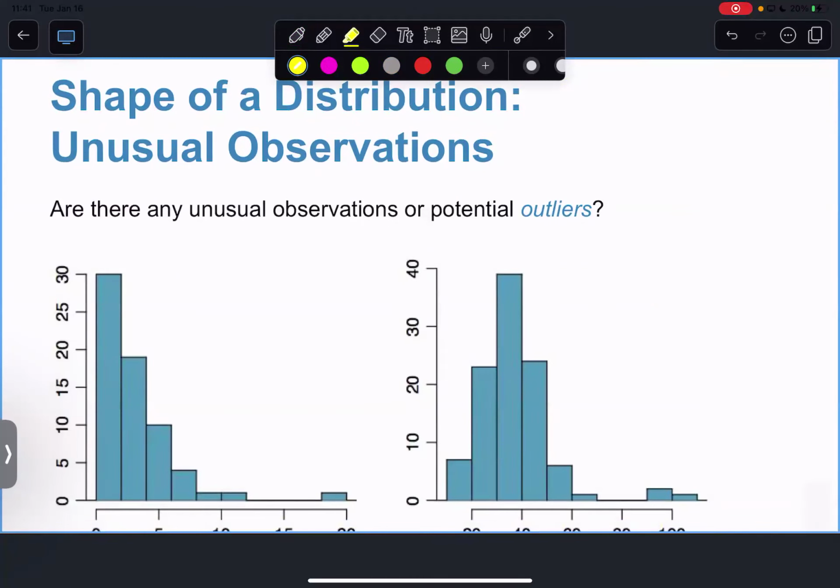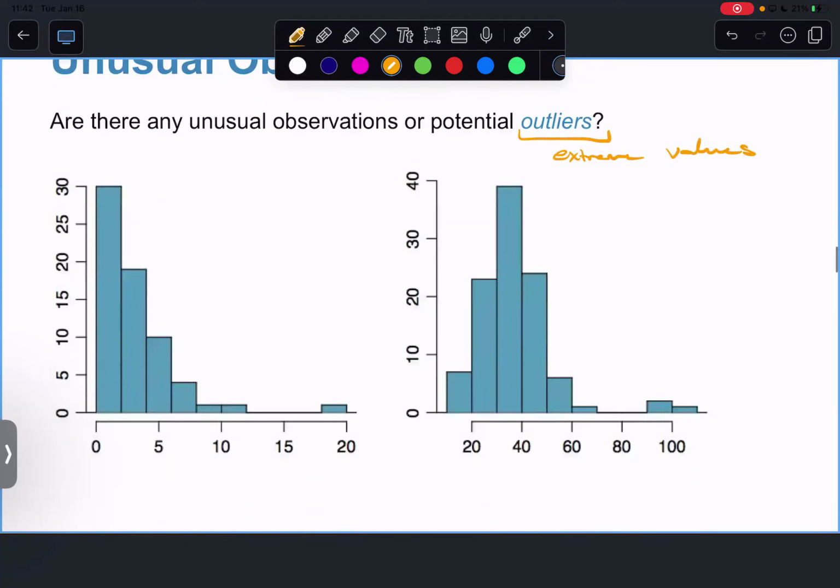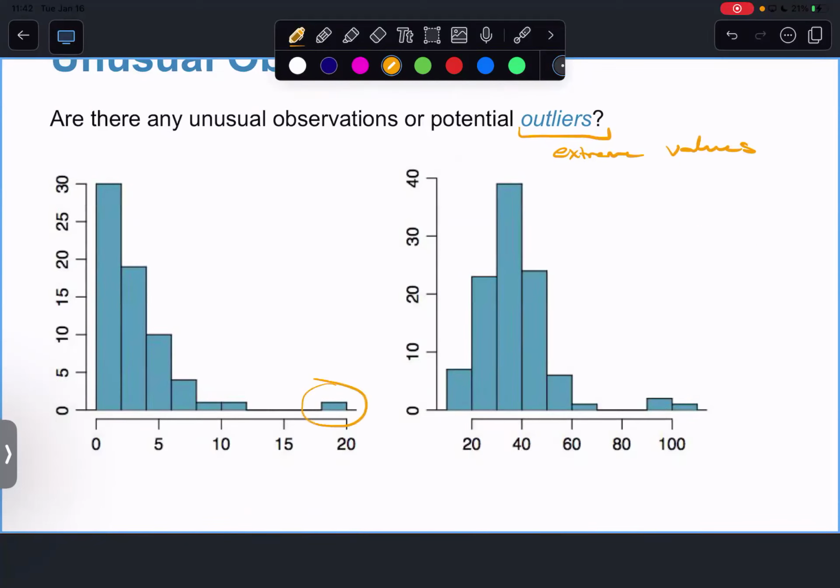When we're talking about the shape of a distribution, we also want to talk about any extreme values, so any outliers. Outliers are extreme values. So we'd want to talk about those outliers.